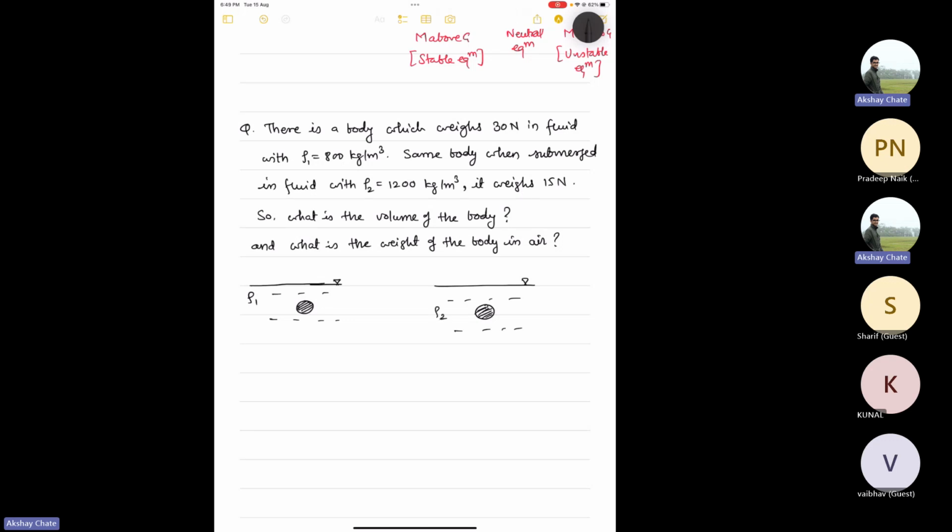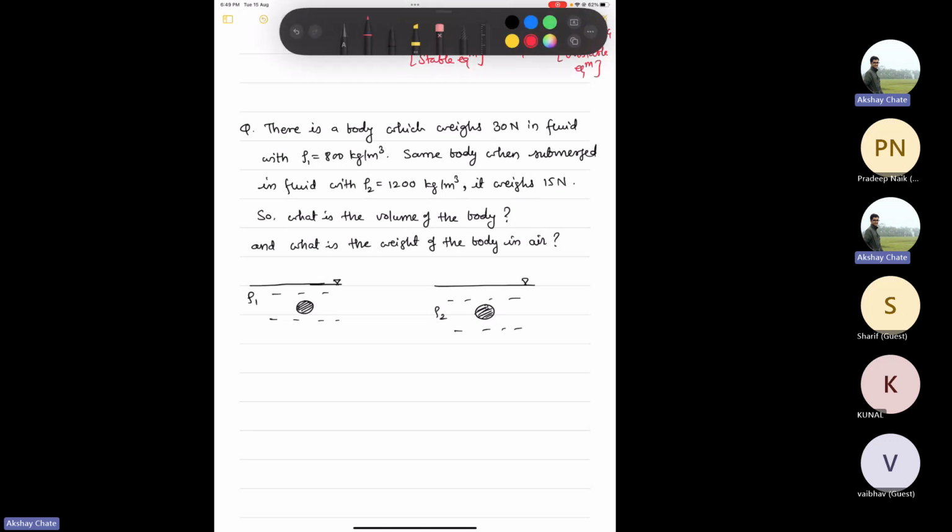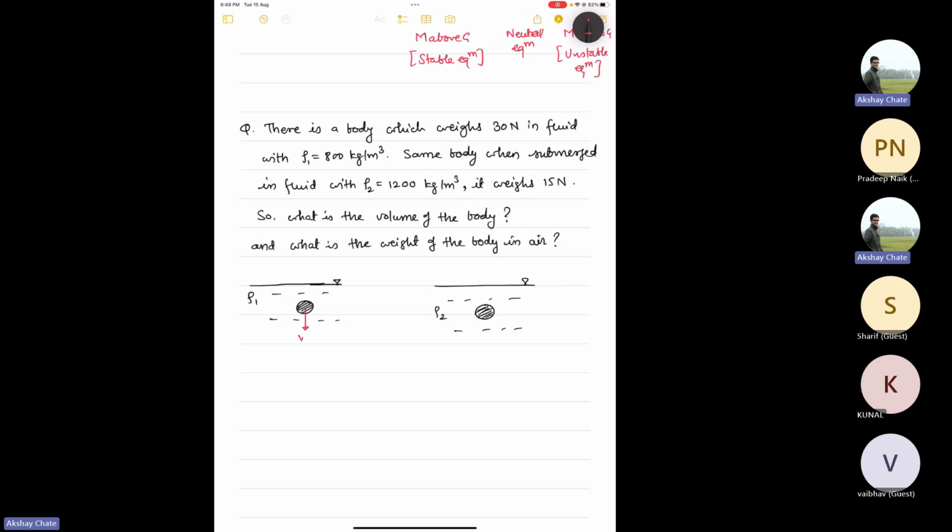So as we know, the body will have its own weight that is always acting downwards, whereas it will experience some buoyancy force, let's say FB1 in fluid 1 and FB2 in the second fluid, which will be vertically upwards.